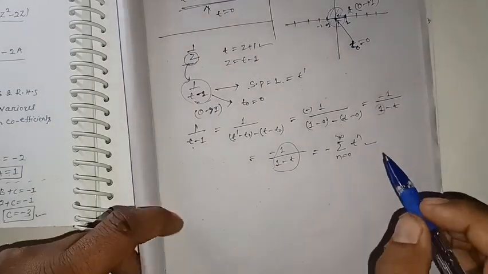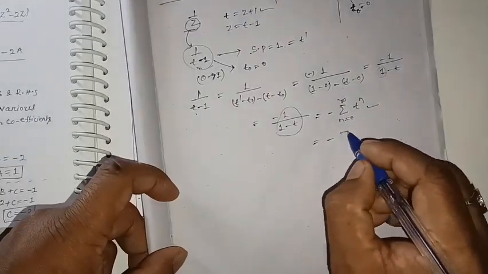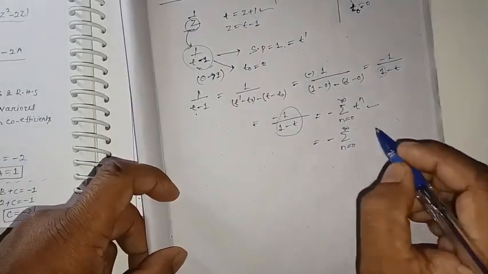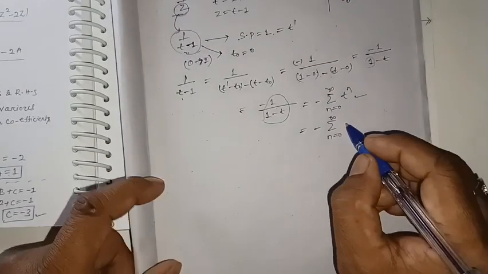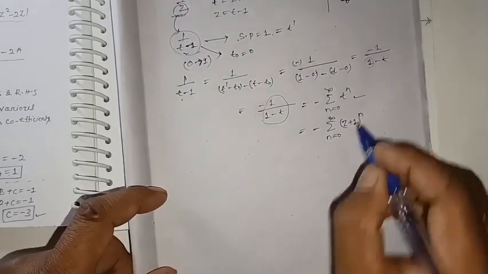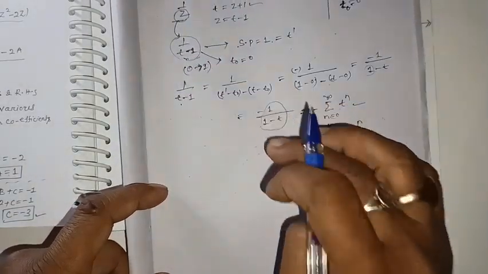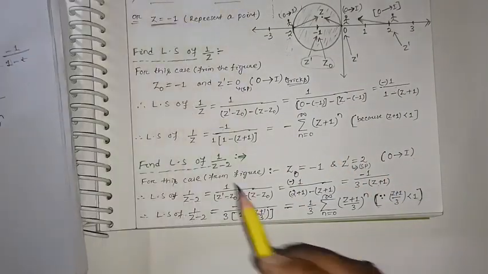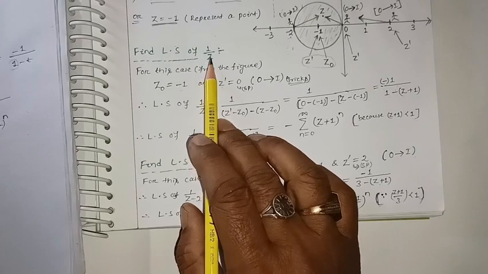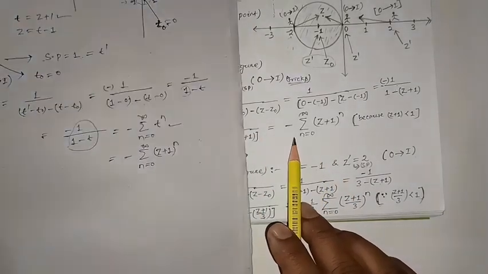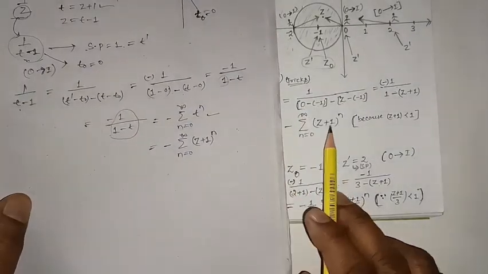By substituting the t value, that is z plus 1, we find summation over n equal to 0 to infinity of z plus 1 to the power n. By this method also we can get the same answer. Here you can see for this case of 1 by z, we found minus n to the power n, z plus 1 to the power n.